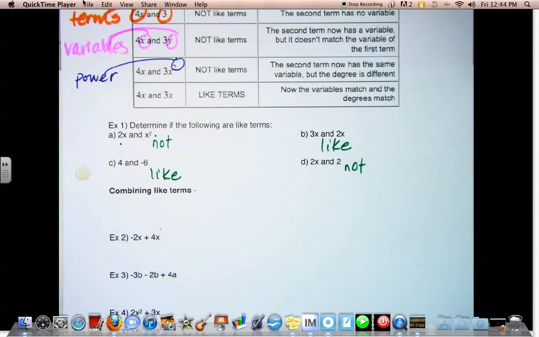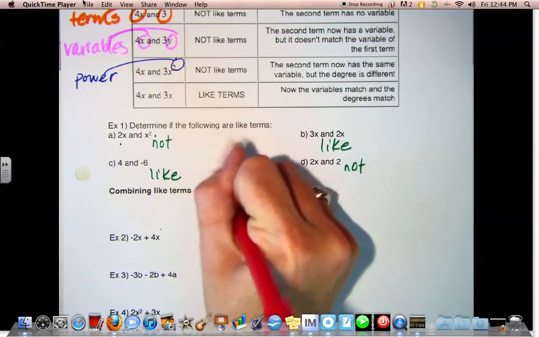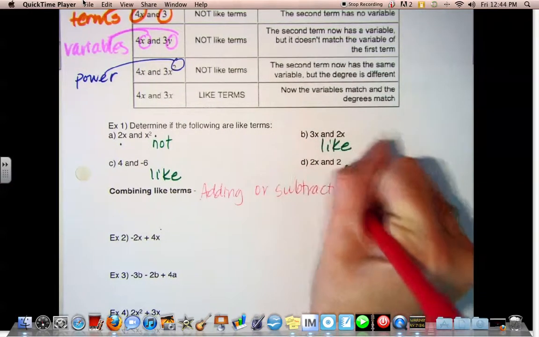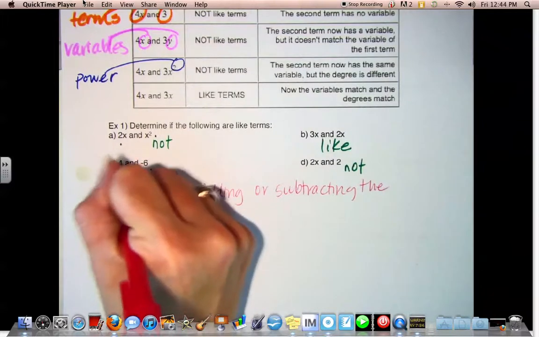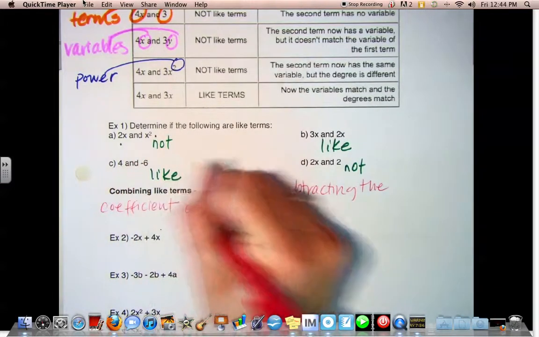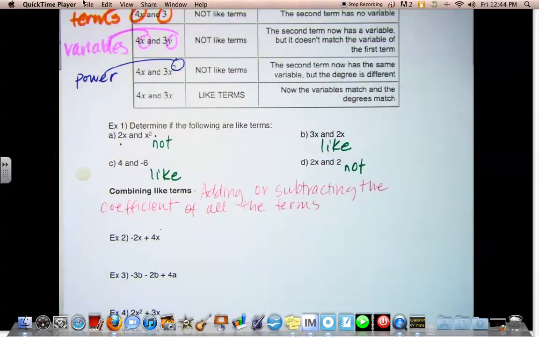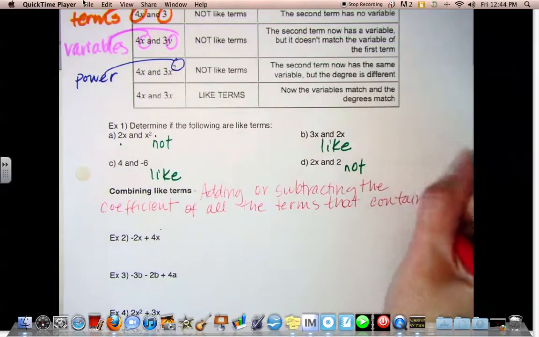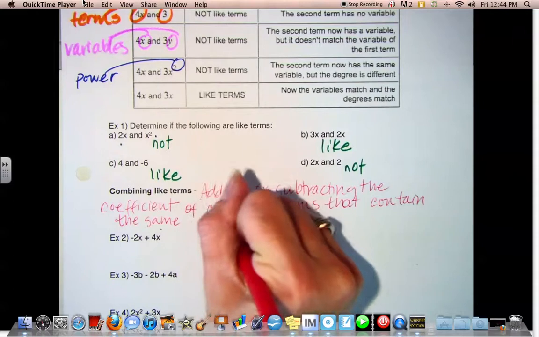All right, so combining like terms. That means we are adding or subtracting the coefficient of all the terms that contain the same variable.